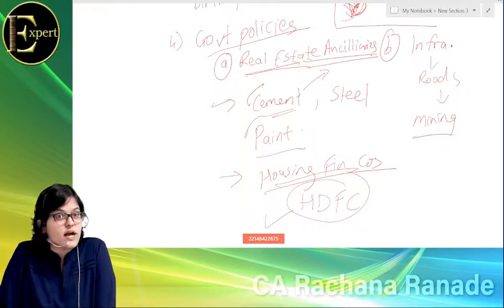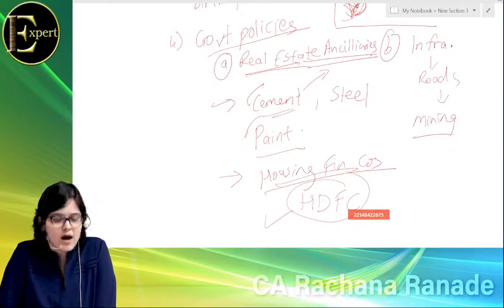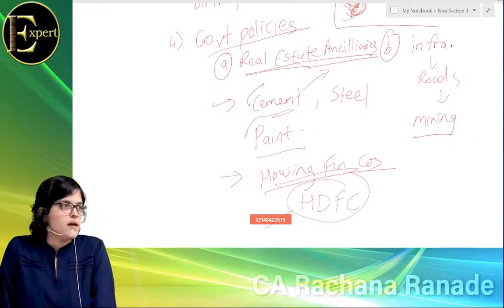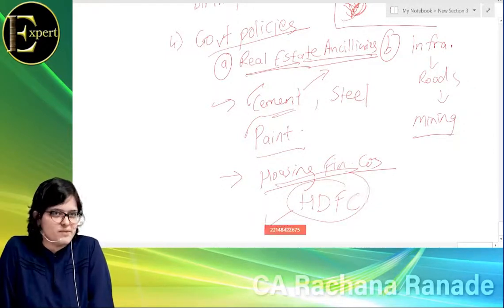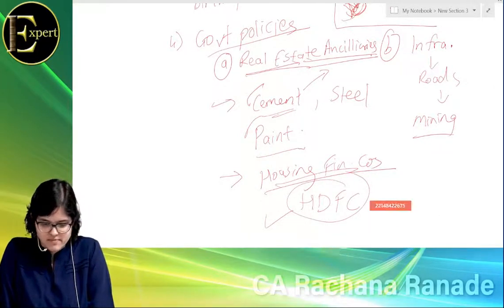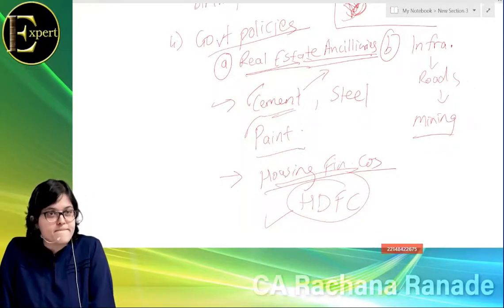So you can take housing finance at the top, because that's the first requirement, money. Housing finance companies. You could have loads of examples, but I'm just taking my own judgment. It's HDFC. Second one, cement.